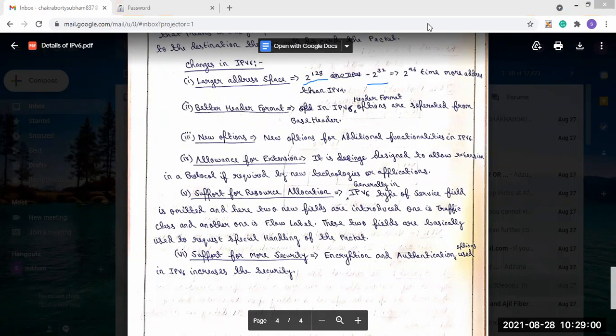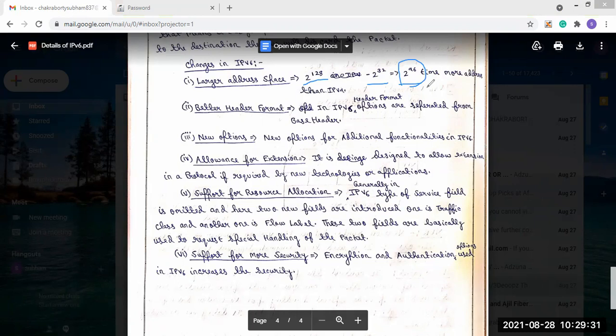If we subtract, we get 2 to the power 96. That means 2 to the power 96 times more addresses are possible in IPv6 than in IPv4.